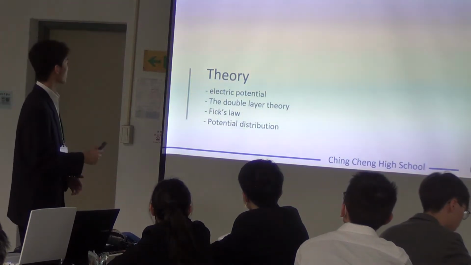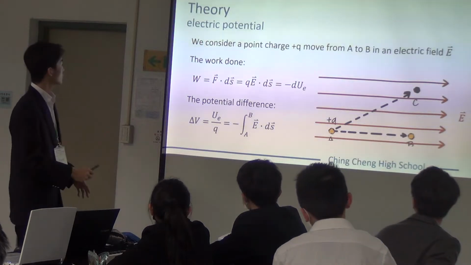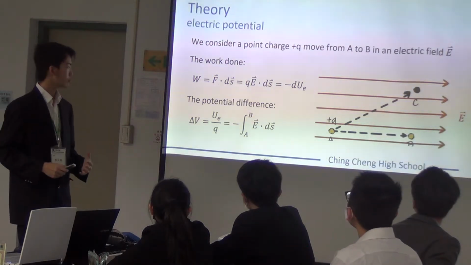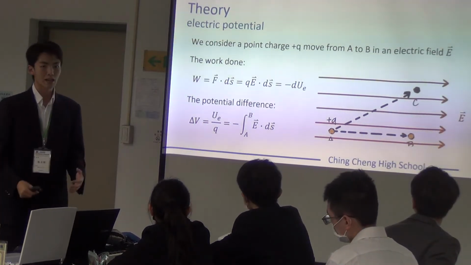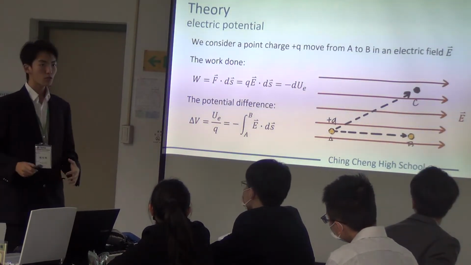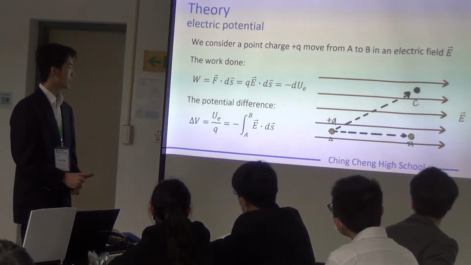Here's our theory part. I'll talk about the electric potential. First we consider a positive point charge that moves from point A to point B, and the work done is transferred into electric potential energy. Due to the definition of a potential difference, we could get this formula.